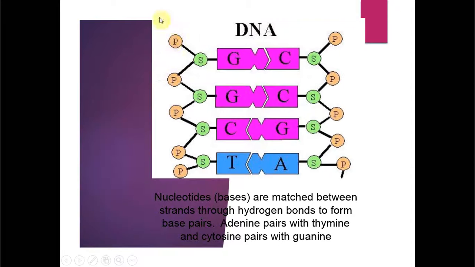For example, if the first strand starts from the 5' end, the opposite strand will start from the 3' end. If this strand is 5' to 3', the opposing strand will be from 3' to 5'.